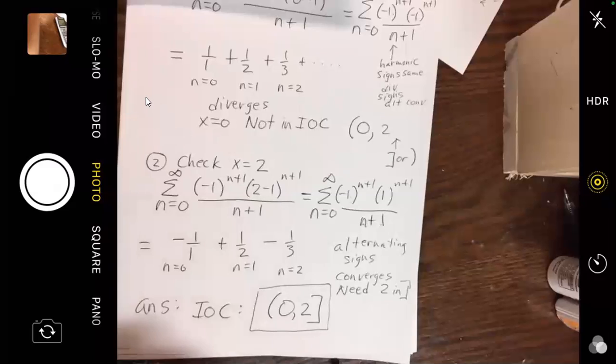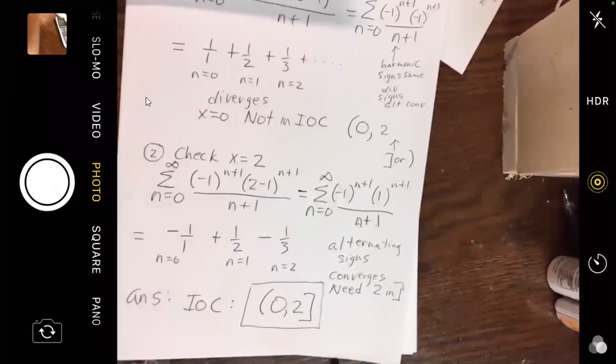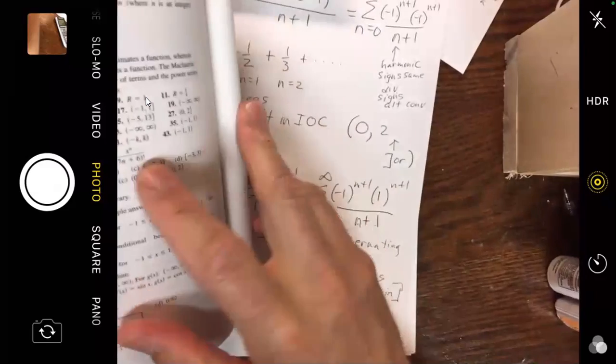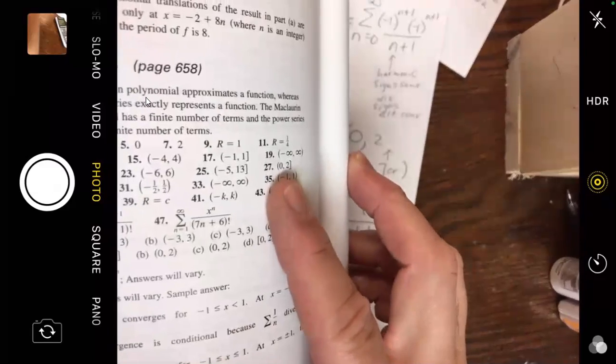Never do these in advance. I make all my mistakes in front of you in real time. It was 9/8. It was 27, wasn't it? Yeah, 9/8, 27. There we are. I don't know if you can see it. 0, 2, zero in parentheses, 2 in the bracket. See what you get for an answer in the back of the book?